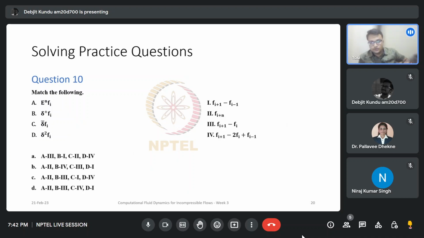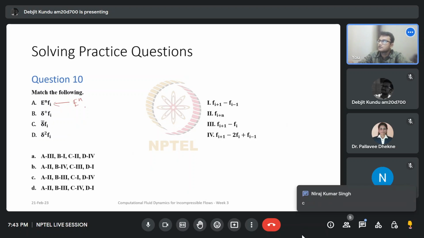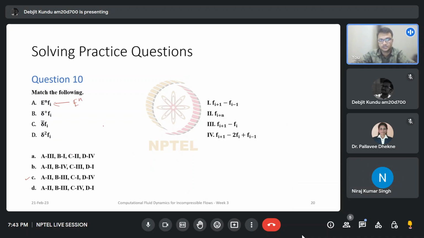Okay, so let's try to solve this together. What is this first operator? E to the power n. What is this known as? Okay, so we have a response in favor of option C. Let's solve this together for the sake of completion. What is this operator known as? The displacement operator.